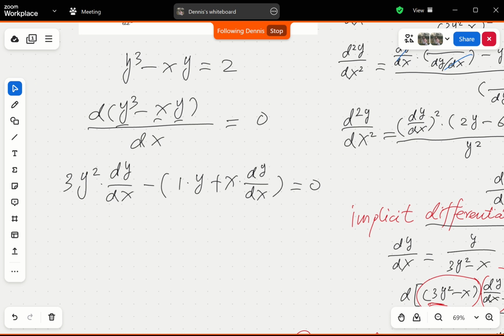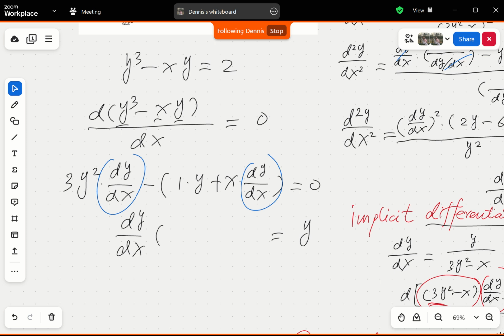So we move the y to the right-hand side, and we take the common factor of dy with respect to dx.